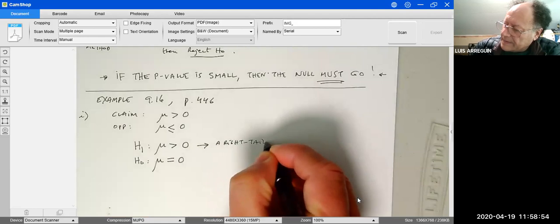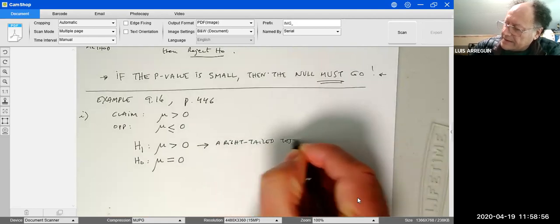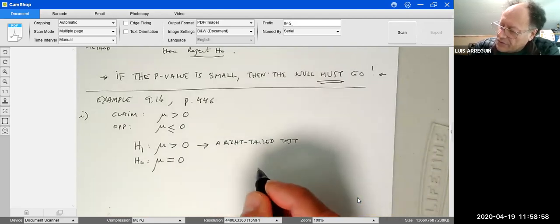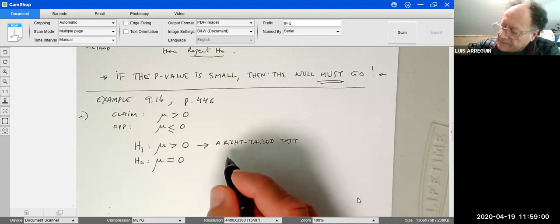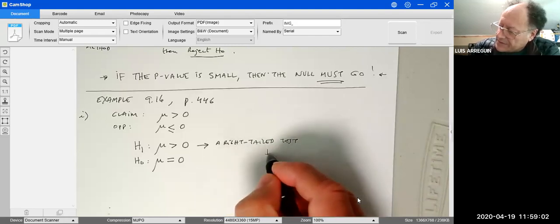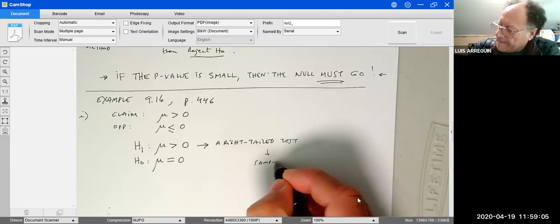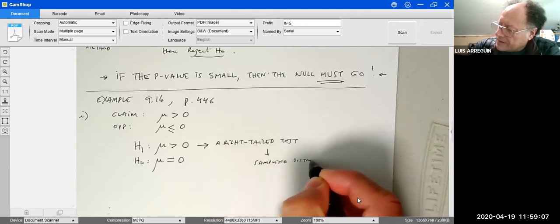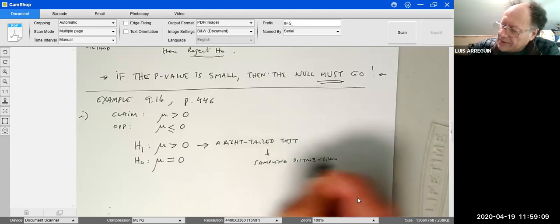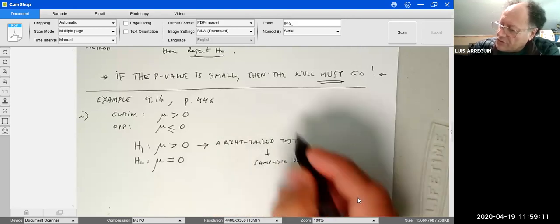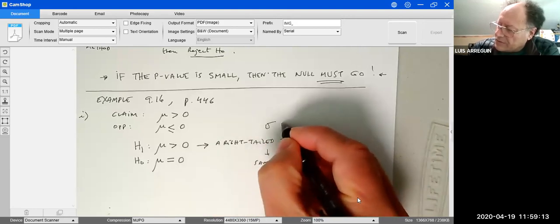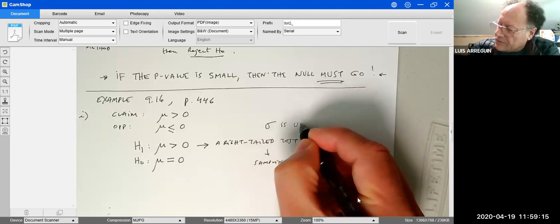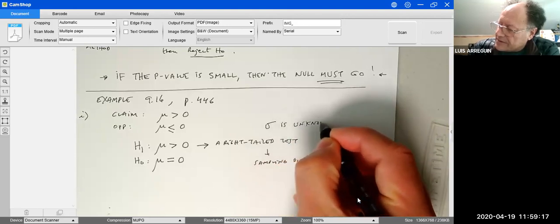Now, from the alternative, we know that this is a right tail test. We also know that we're going to use a sampling distribution that deals with the mean of the population, and this time we don't know the standard deviation of the population, so this is unknown.